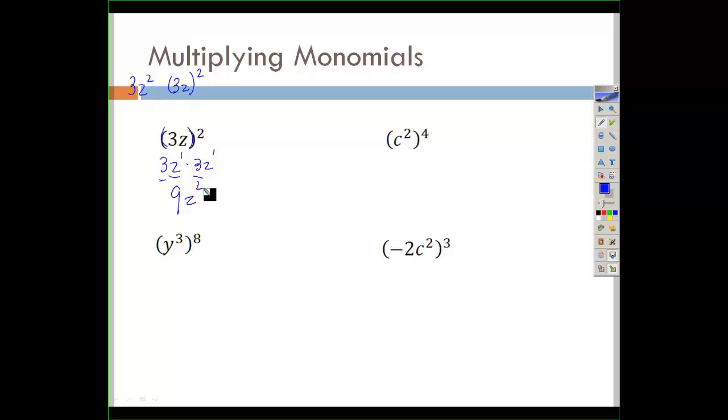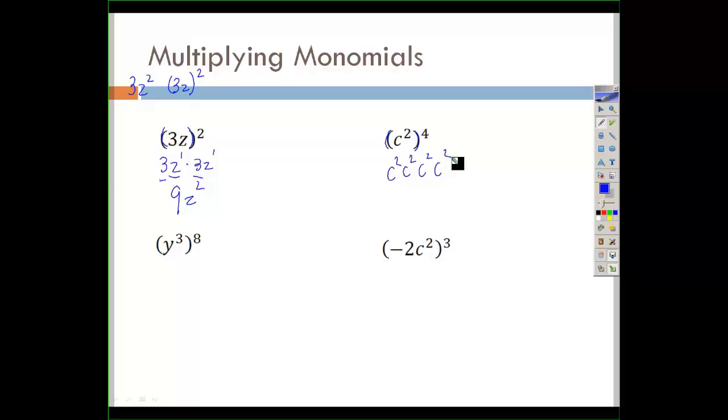But sometimes it's not always just 2 of them. Sometimes it's 4 of them. See how this 4 out here goes to the parentheses? That means everything in parentheses we want 4 times. So I'm going to write c squared 4 times. So things just got a little harder now.